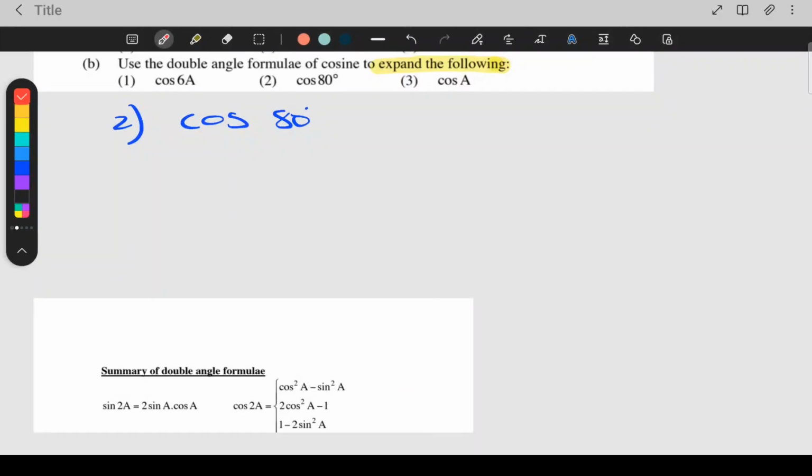Okay, let's look at number 2. Number 2 says cos 80. We have to expand using the double angle formula. So step number 1, because it's double, circle this and do a side note. 80 over 2 gives me 40. So wherever there's an A, we're going to replace it with 40. Let's expand.